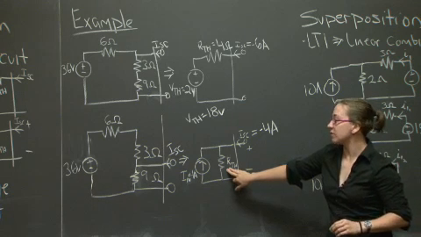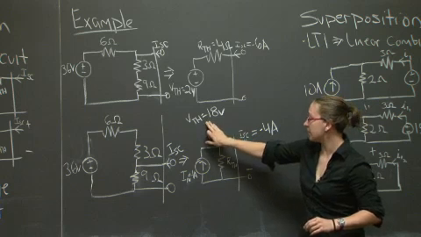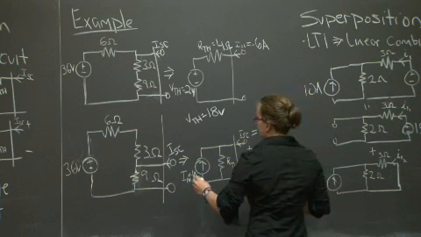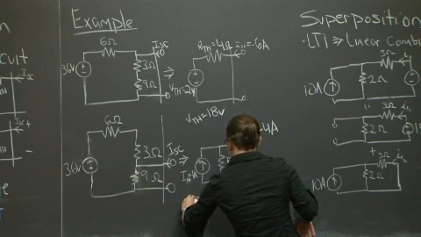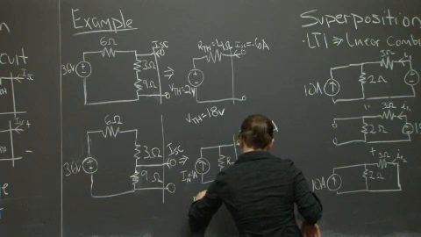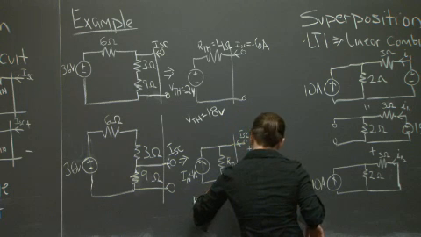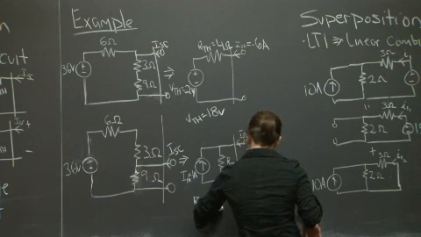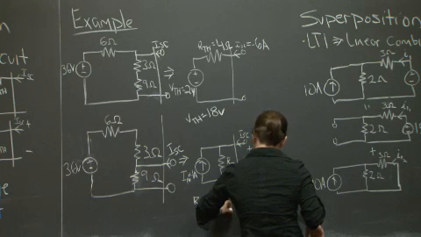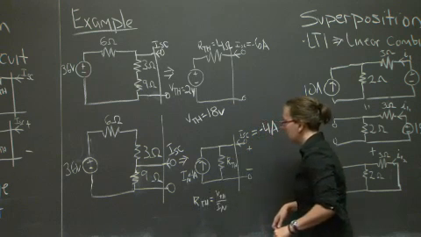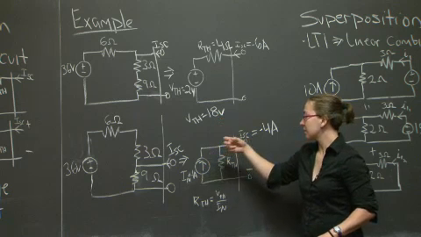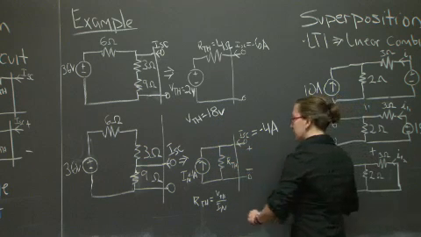There are a few ways to do this, but I'm going to use VTH and IN. 18/4, we can reduce it to 9/2.